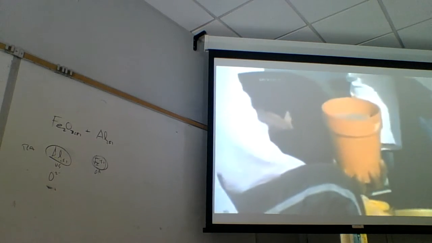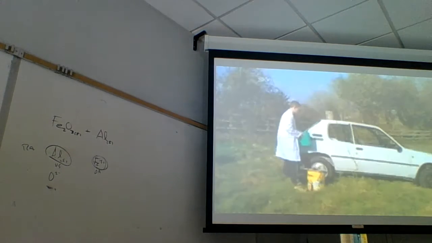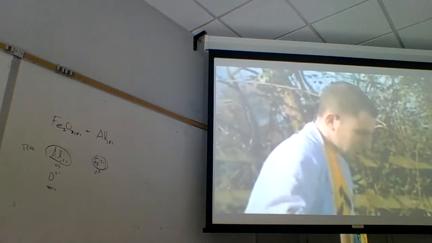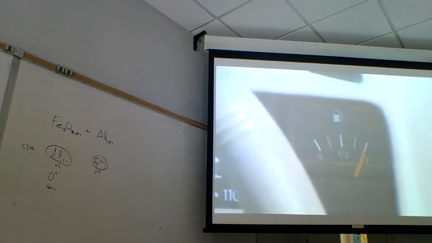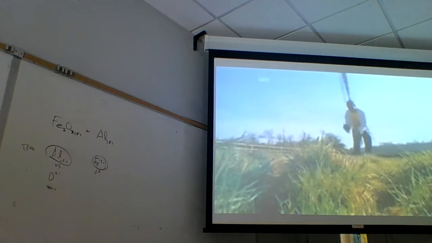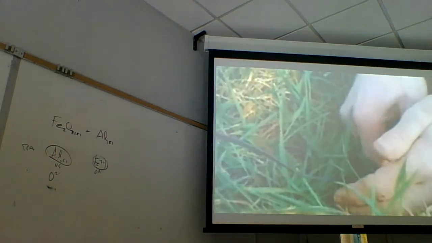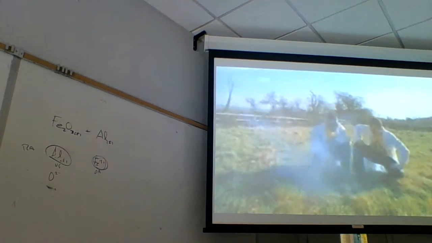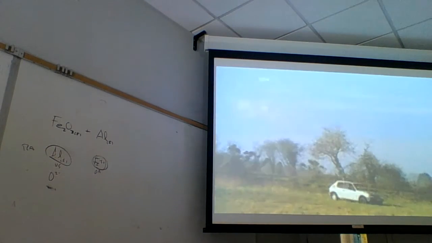Packed into the slow-release mechanism of a garden flower pot, the thermite is ready for action. Popped under the roof, directly above the fuel tank, top up, and just 4 feet of barreling car stands between the thermite and 8 gallons of petrol. Stand well back. See the flower pot?